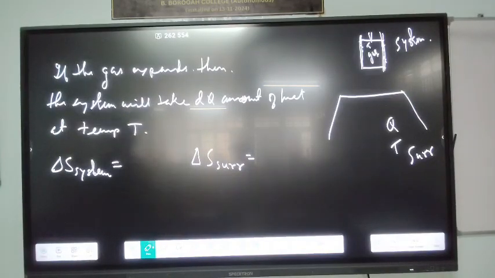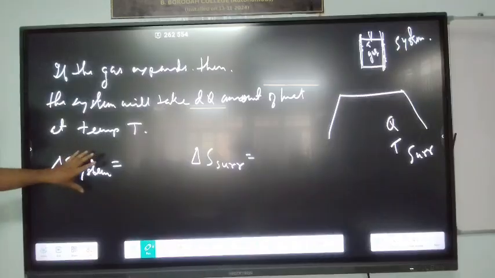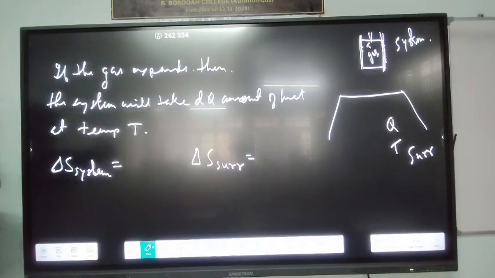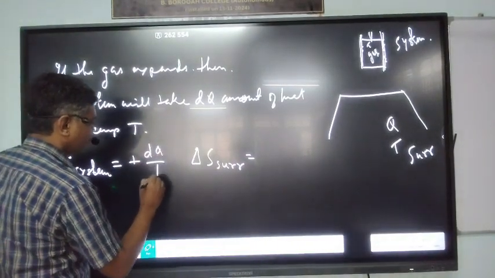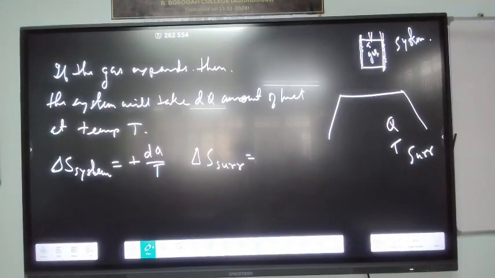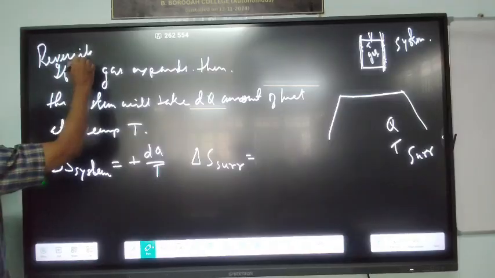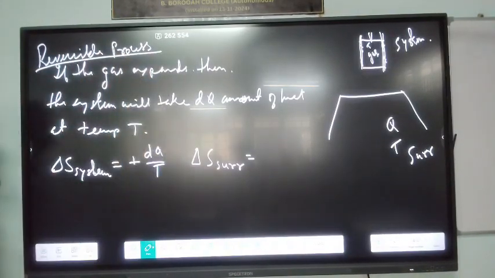The system is taking dq amount of heat at temperature T, so the entropy change will be plus dq by T. It is positive because the system is taking heat. This is a reversible process, plus dq by T.